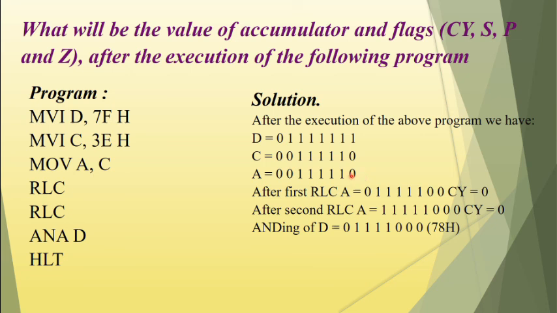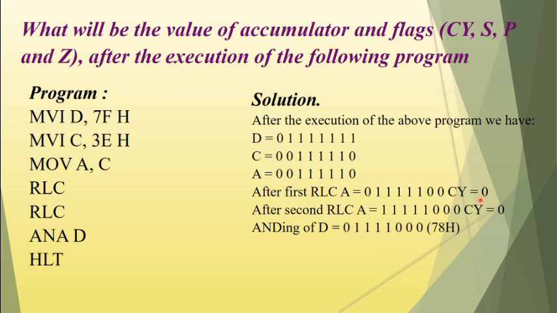When we rotate it bitwise left, the most significant bit will be moved to carry as well as it will move to the least significant bit, and each bit will be shifted left. So after RLC, the accumulator will contain 0, 1, 1, 1, 1, 1, 0, 0, and carry flag will be 0.